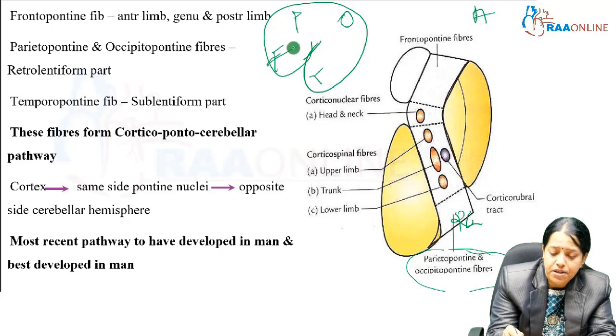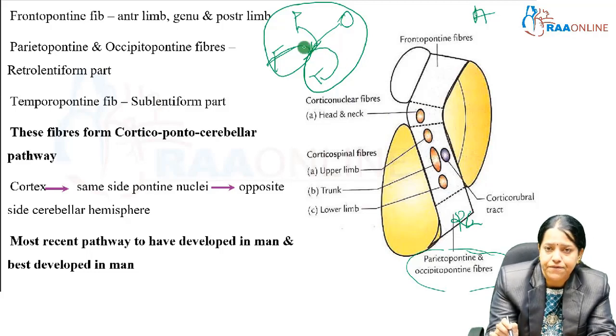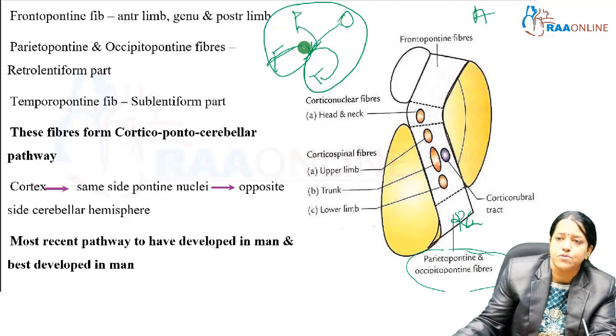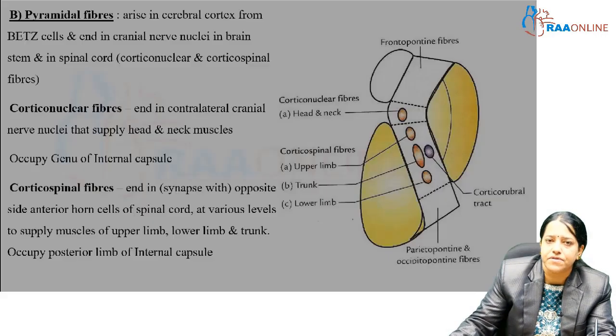Definitely the frontopontine goes through the anterior limb. The parietopontine and occipitopontine go through the posterior limb and also the retrolentiform part, whereas the temporopontine goes through the sublentiform part of the internal capsule. That is very important to understand.